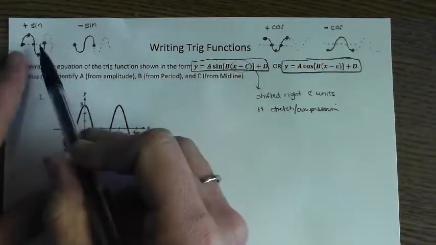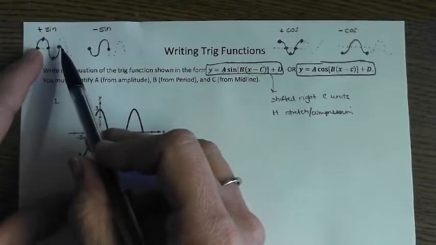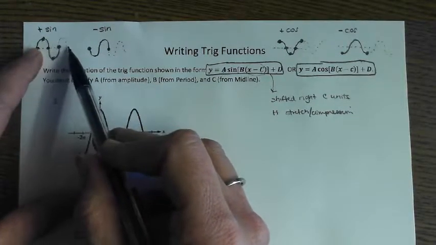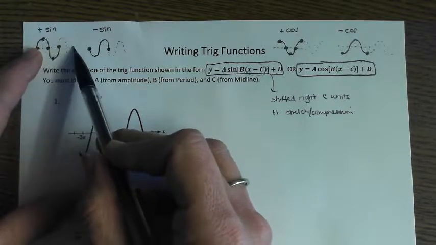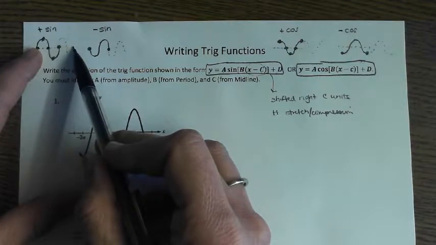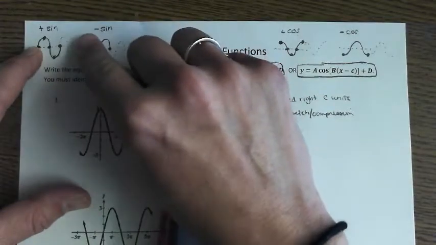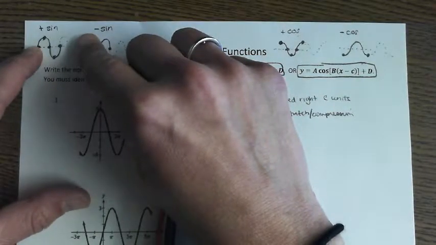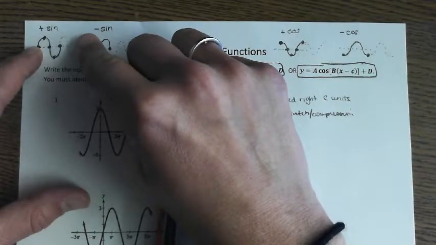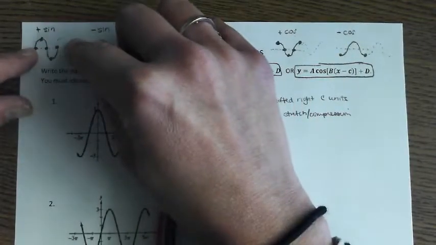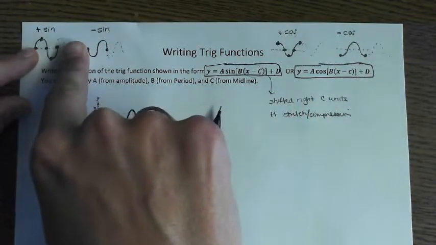If I take a sine curve, look up in the top left, and stretch it out horizontally, what does that affect? Does that affect the midline? No, it doesn't affect the midline. It affects the period, right?